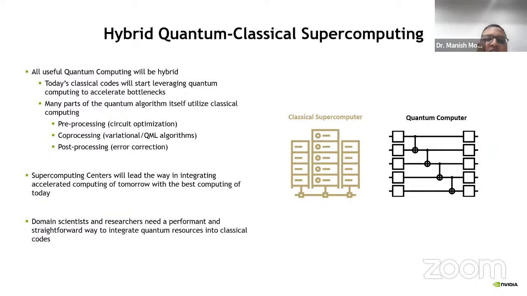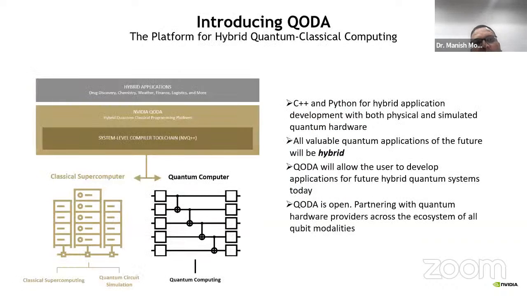Pre-processing and post-processing will remain on the classical computer, and in the classical computer also we can have CPU and GPU. That's where we came up with QODA, quantum optimized device architecture, that gives this hybrid computing platform. One can easily use that and easily offload between classical and quantum.